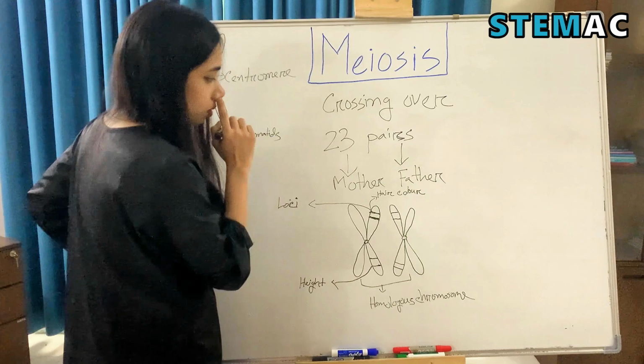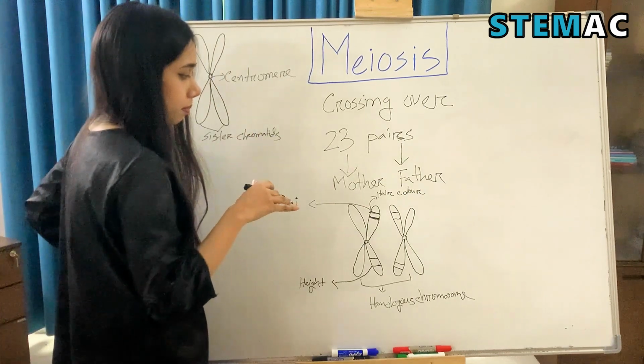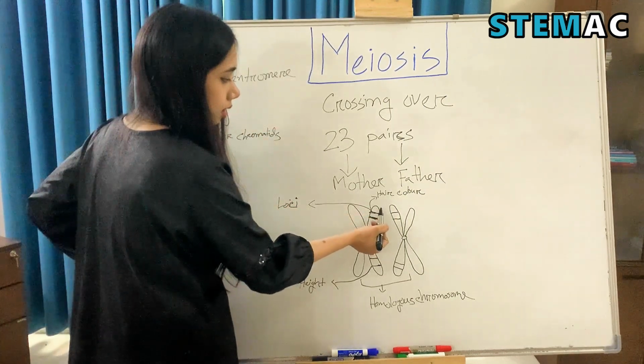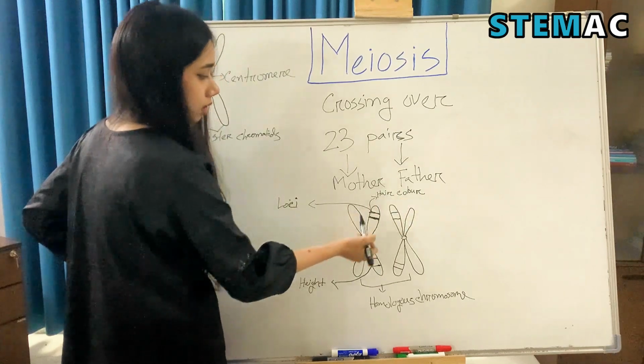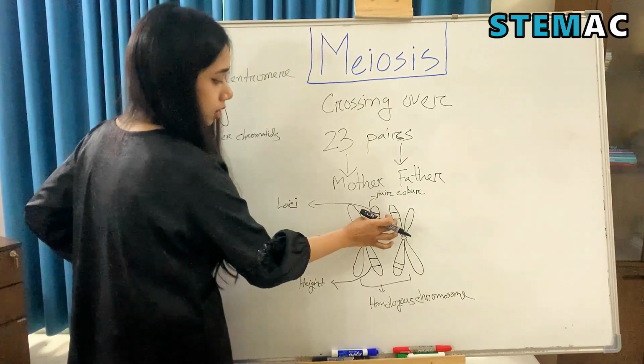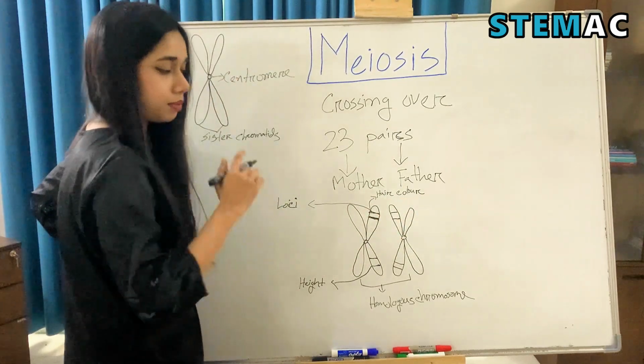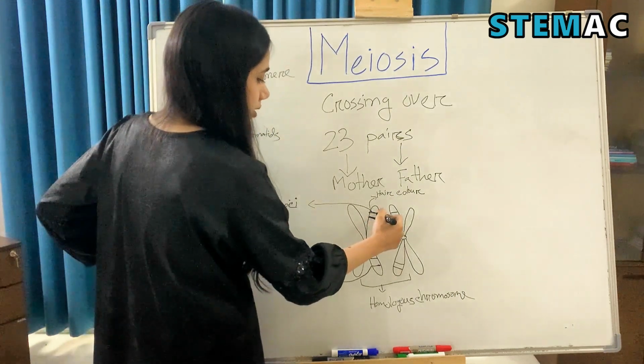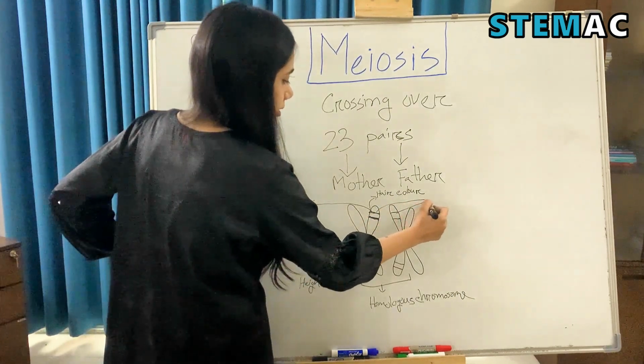So in crossing over, we can see that the gene for hair color has two copies. This is one copy and this is another copy. We call these copies alleles.